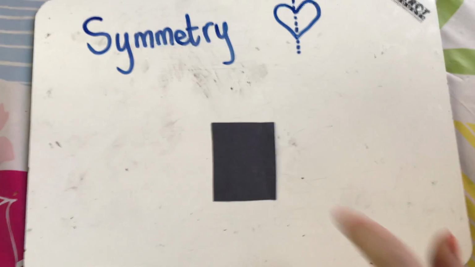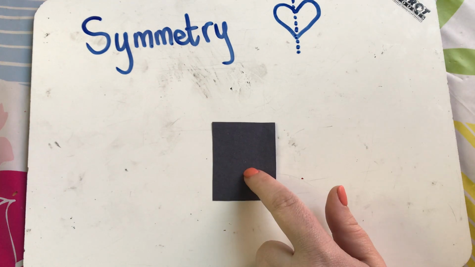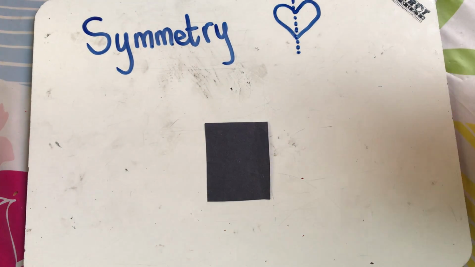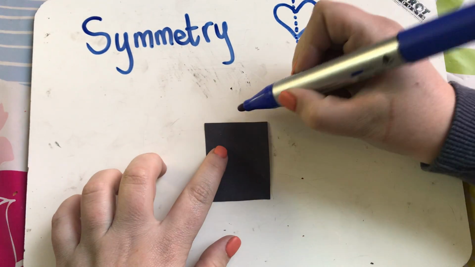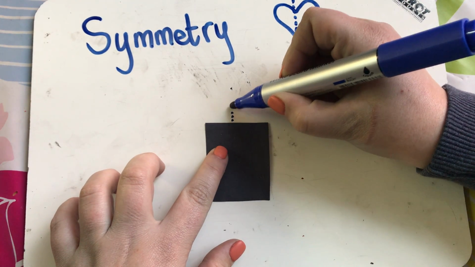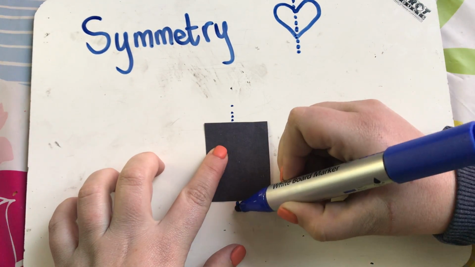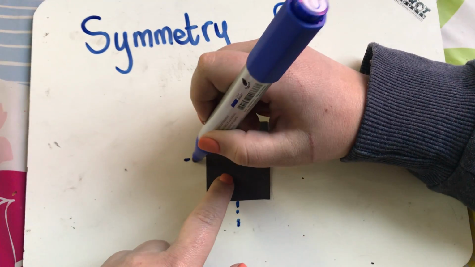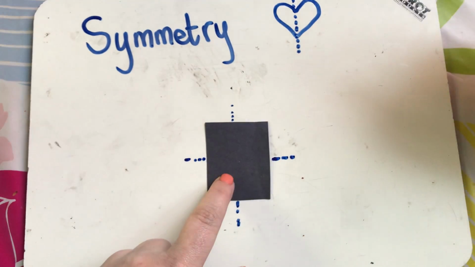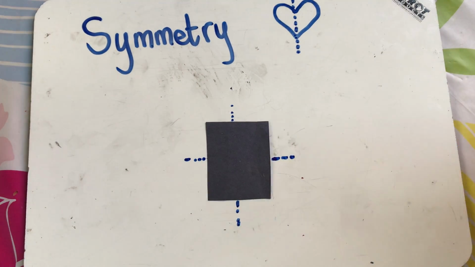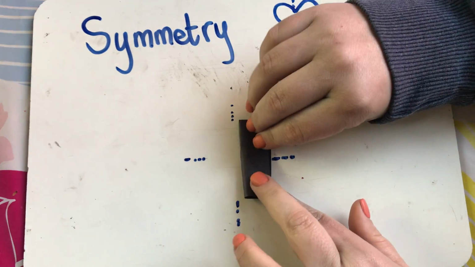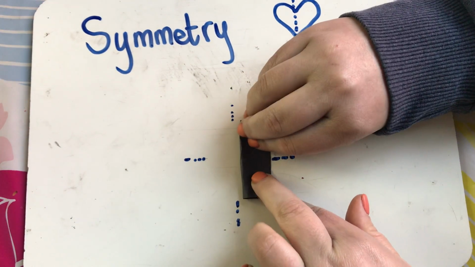This piece of paper, if I had to draw a symmetrical line, if I tell you, draw the line of symmetry for this piece of paper, you could say, of course, the dotted lines go all the way through like it does with the heart, or like this. You could say these are the lines of symmetry, because I can fold it this way, and it fits perfectly.